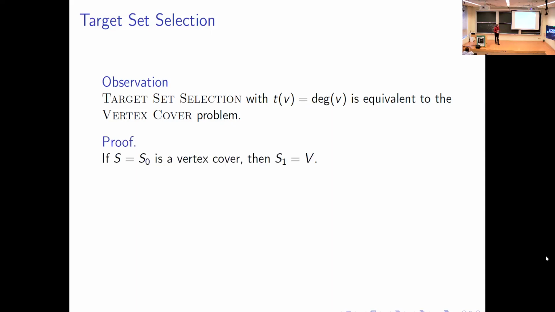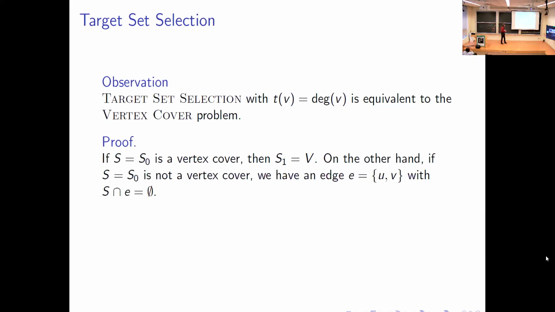To prove this, suppose that we have a vertex cover. Then it's not hard to see that in the first round, everyone else gets activated, because if S is a vertex cover, that in other words means that for each vertex, either it is in the set, or all of its neighbors are in the set, which precisely means that either it's activated in S0, or all of its neighbors are active in S0.